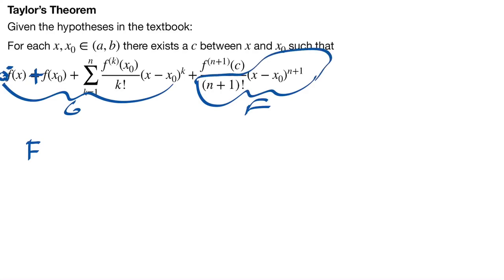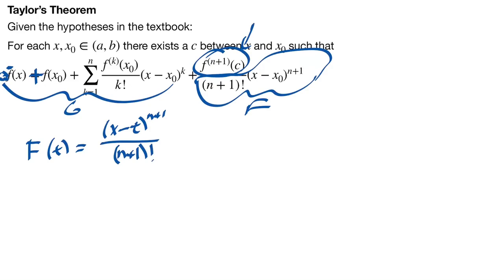So f is this, but I'm actually going to just include this part, because this f prime of c is what I'm looking for. So I don't want to include this in either of my equations, right? Because I'm going to have something that's equal to that. So f of t is going to be this difference quotient up on top. So it's going to be x minus t to the n plus 1 power divided by n plus 1 factorial.